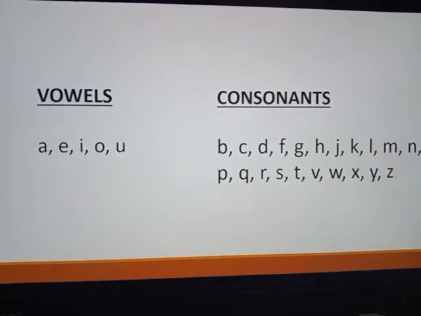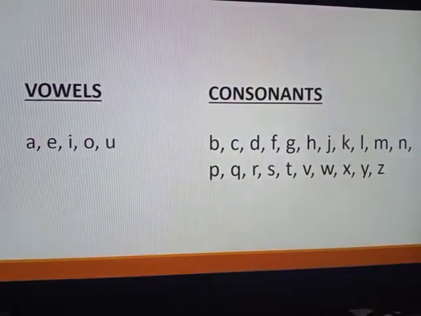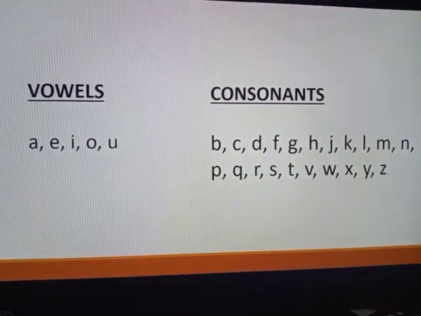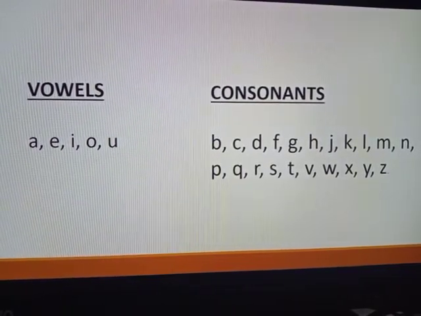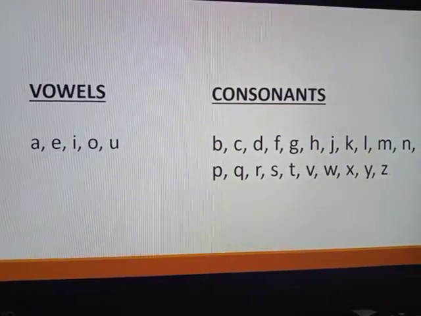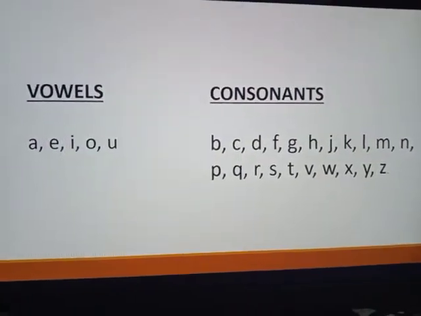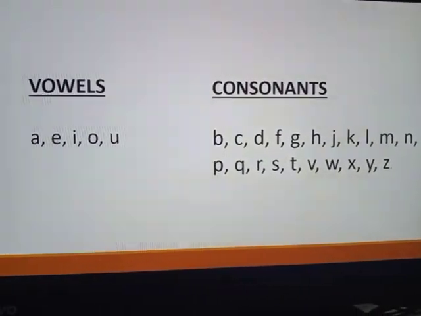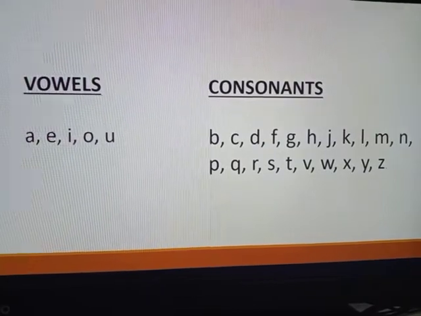They are vowels and the consonants. There are 5 vowels: A, E, I, O, U. These are the vowels, and the other 21 remaining letters are called consonants. They are in front of you.